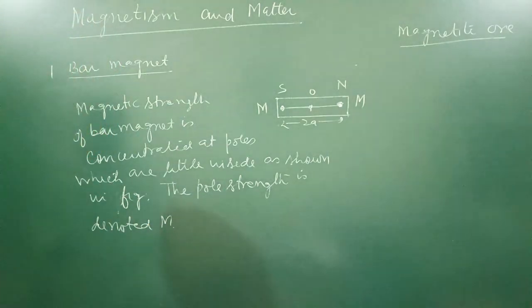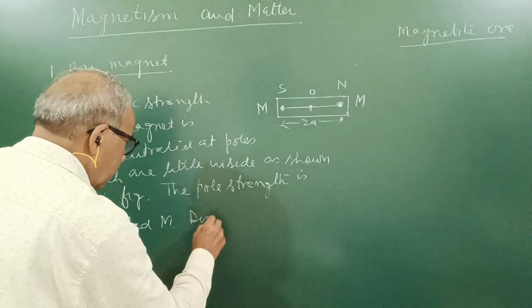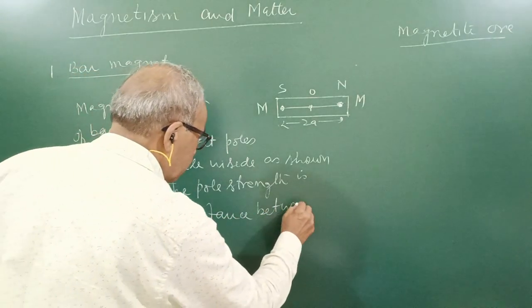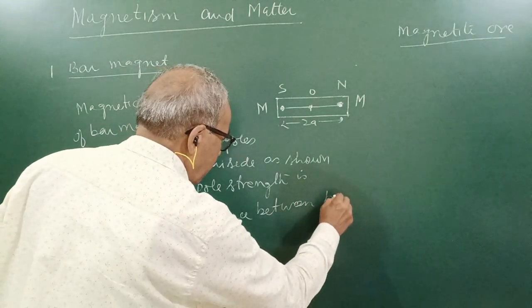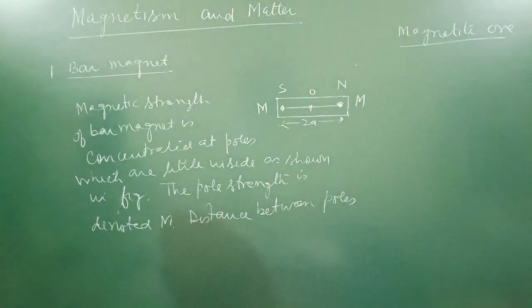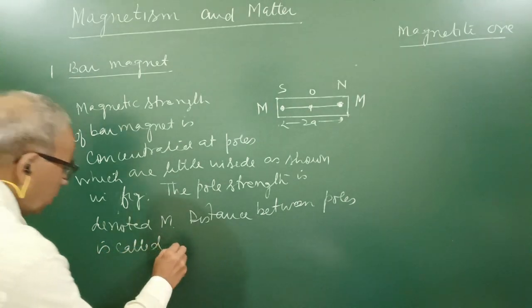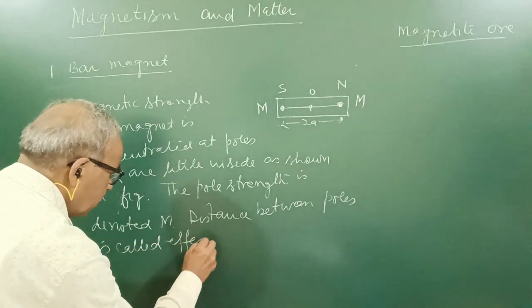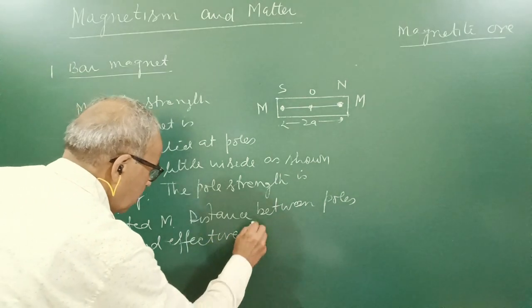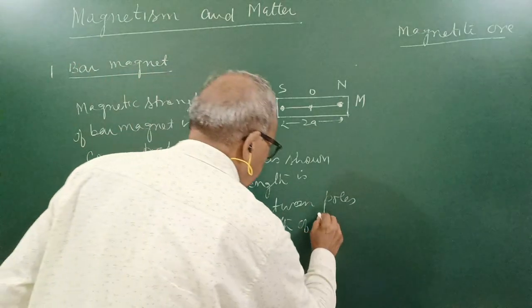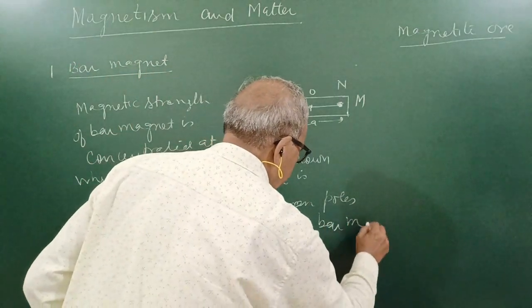The distance between poles is called the effective length of the bar magnet.